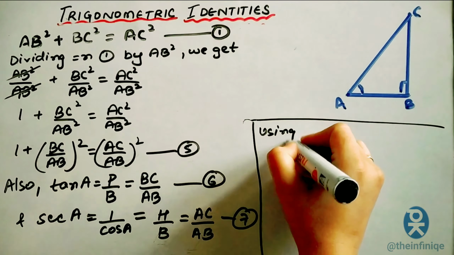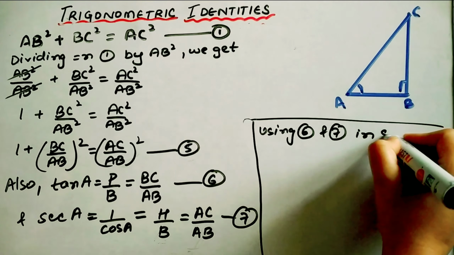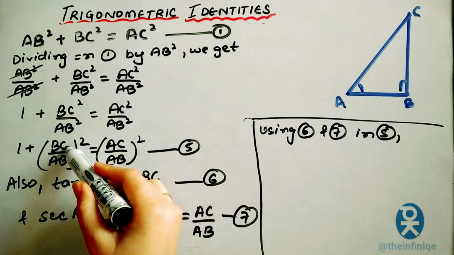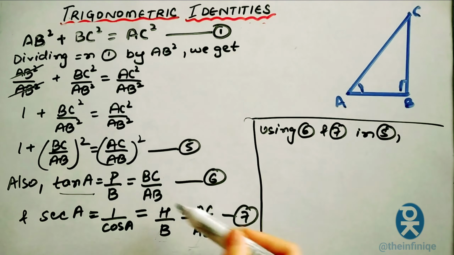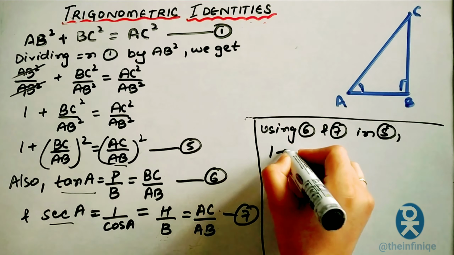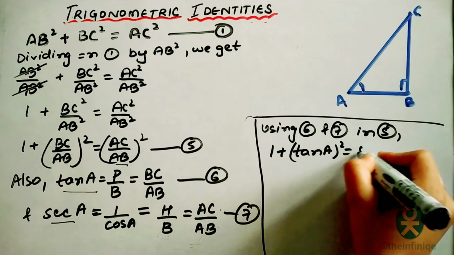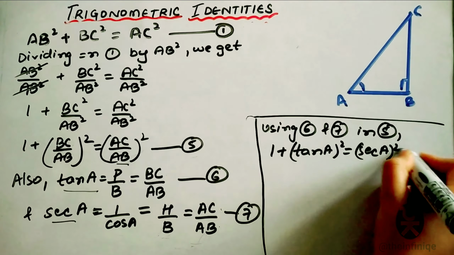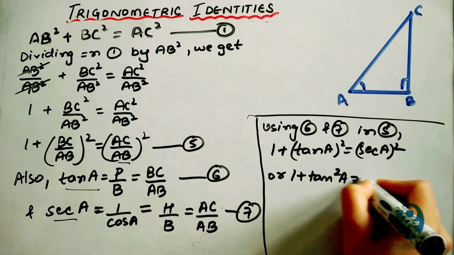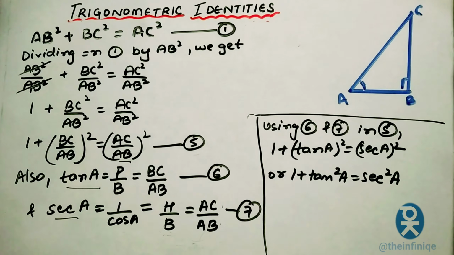Using 6th and 7th equations in equation 5th, we get BC upon AB is equal to tan A, and AC upon AB is equal to sec A. So (1 plus tan A) whole square... that is, 1 plus tan square A is equal to sec square A, which is our second trigonometric identity.